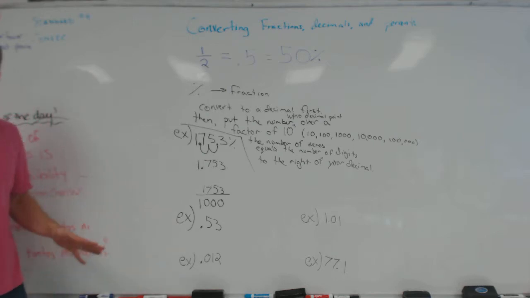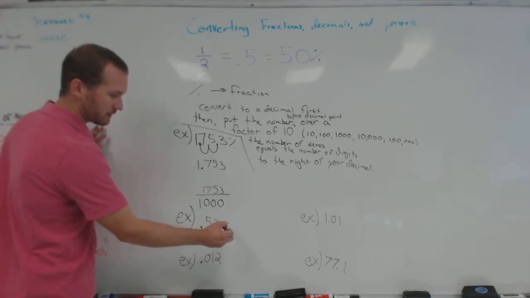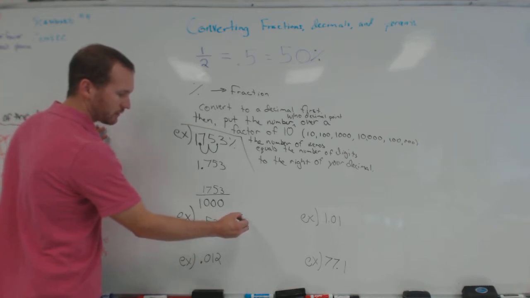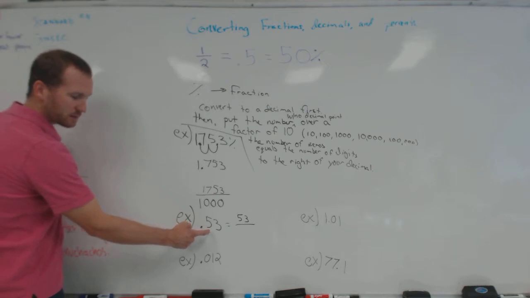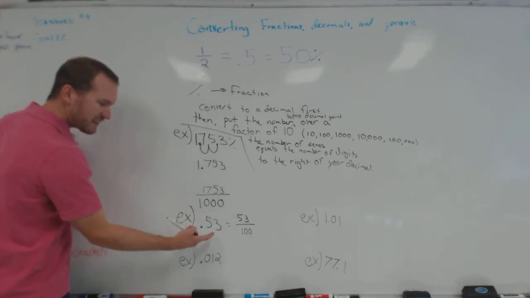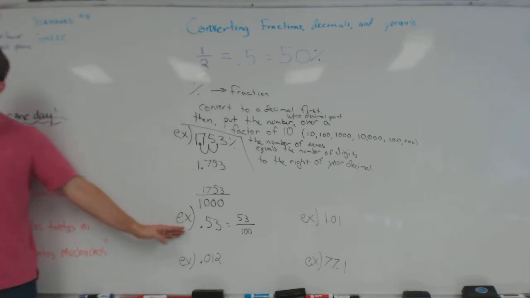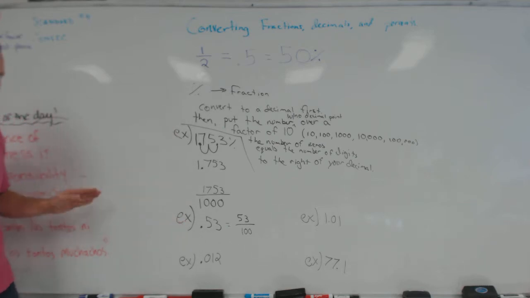As a fraction, I'm just going to write this number with no decimal place, 53, over the power of 10 with this many zeros, 1, 2, so 53 hundredths. And that's how you would say that number, right? I think the rule is almost more confusing than if you just look at these examples, right?